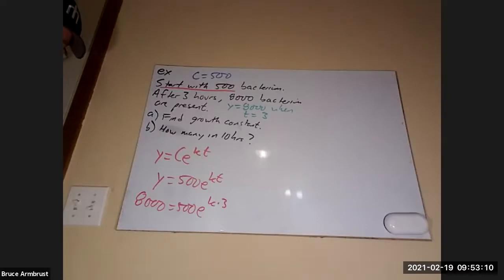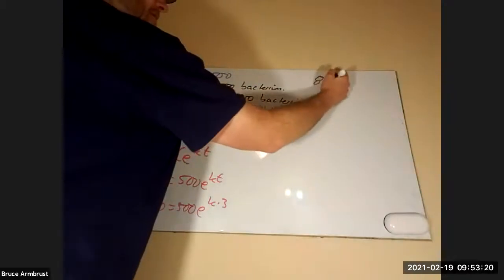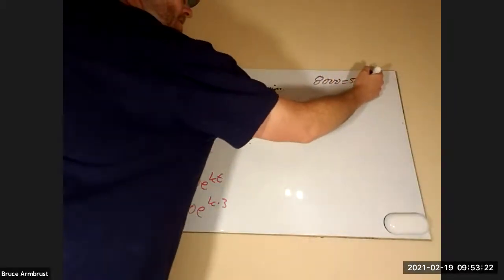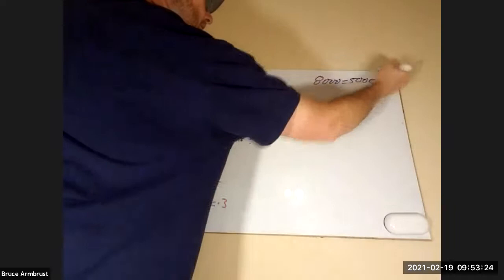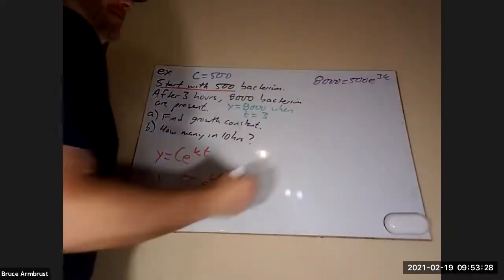So let's do that. See, that's the first part of this question, what's the growth constant? So let me rewrite that up here. We got 8,000 equals 500 e to the 3k. So I'm going to start by dividing by 500.